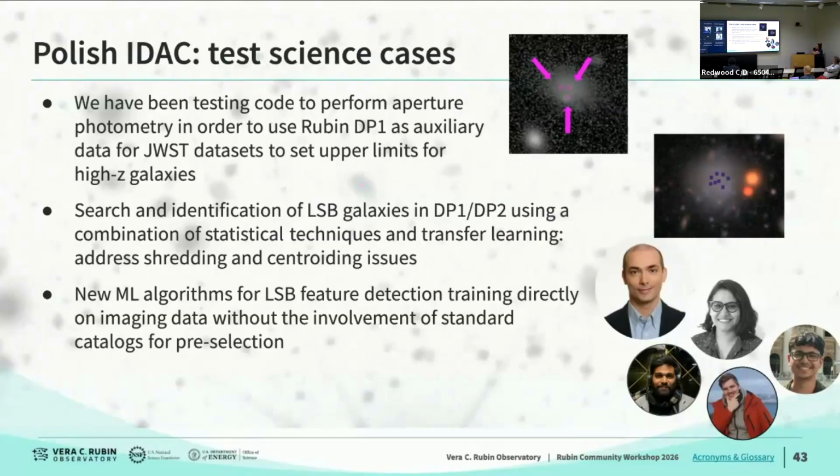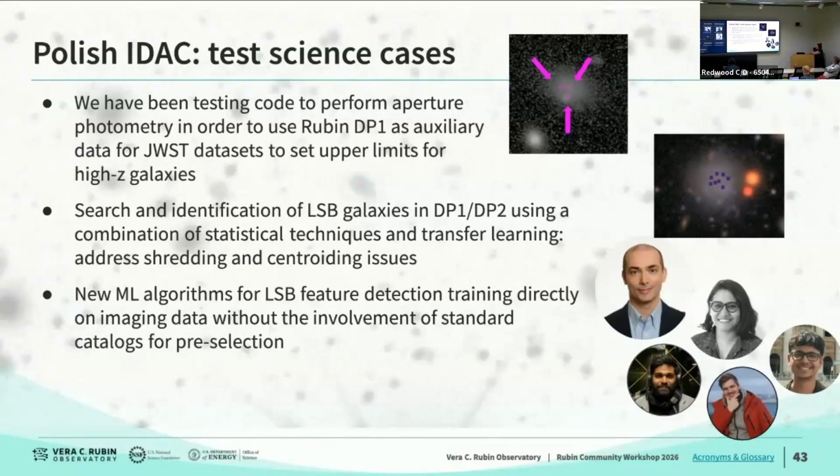Such exemplary tests are codes to perform pipeline, building a pipeline to perform aperture photometry. It was done on the DP1 data to use them as auxiliary data for the analysis of the JWST data. So things like that are possible.